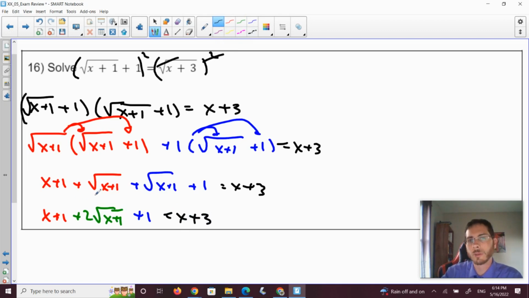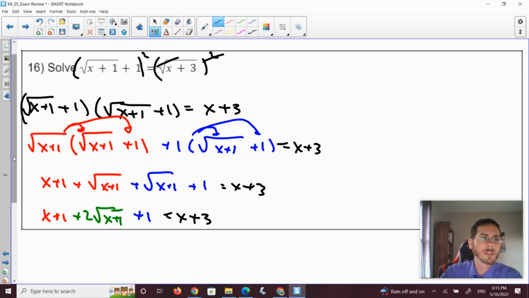If we remember the trick, it's just going to be this first one squared plus 2ab, so 2 square root of x plus 1 times 1 is this middle term, and then the last term squared would be plus 1. So if you remember the trick, you don't have to do any of this stuff. You just jump right to here.